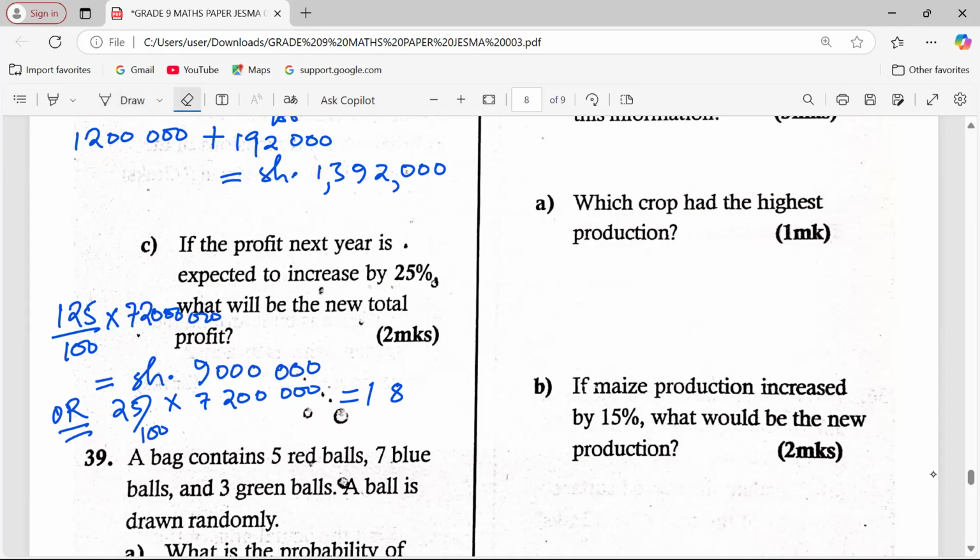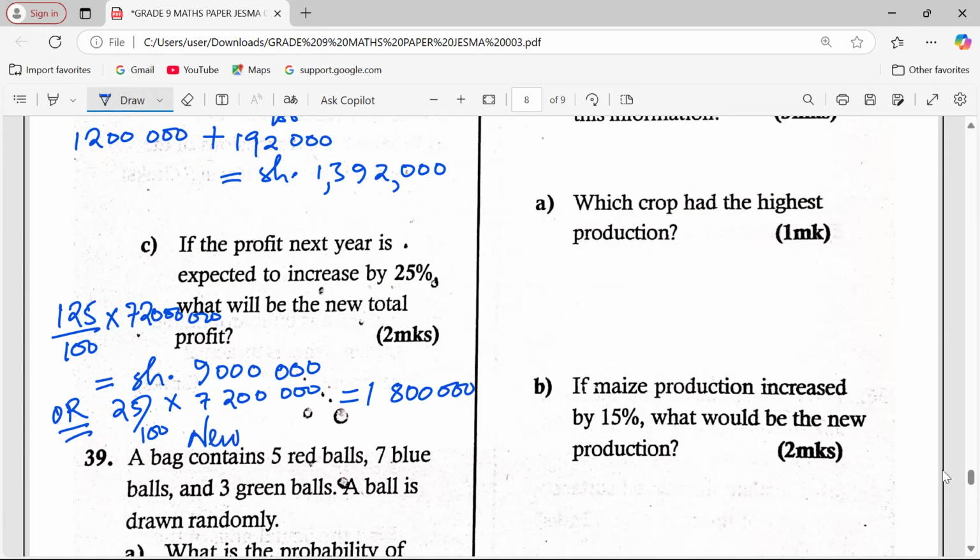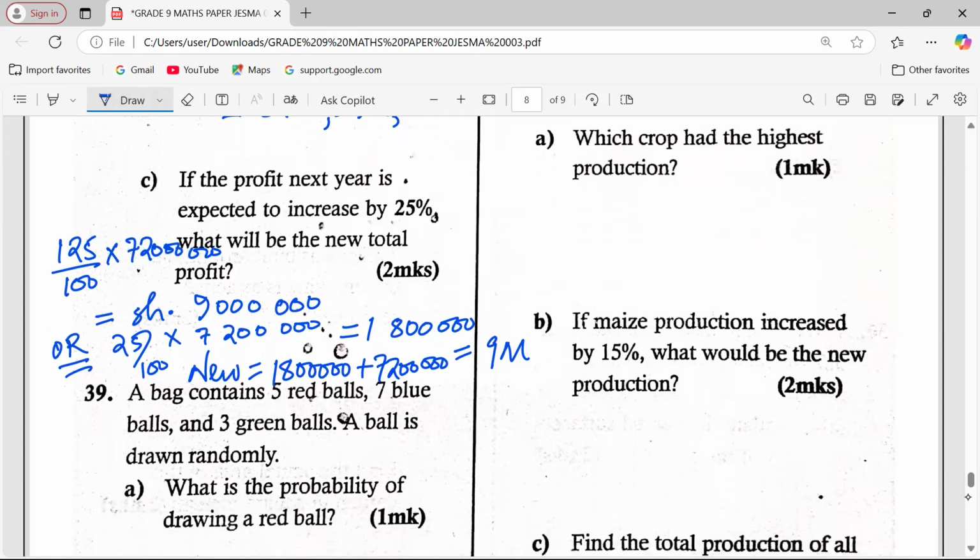So the new profit, because it has increased now, is 1.8 plus 7.2, which is still taking us back to 9 million. So it is still correct.